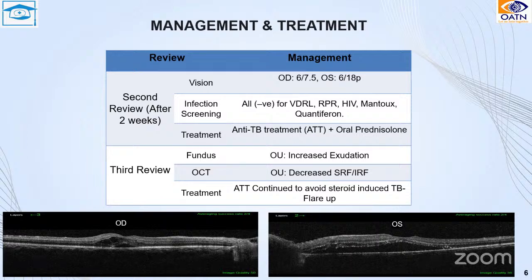The patient was asked to start anti-tuberculosis treatment along with oral prednisolone. On the third review, we can see increased exudation in both eyes and decreased subretinal fluid and intraretinal fluid on OCT in both eyes. The patient was asked to continue anti-tuberculosis treatment to avoid steroid-induced tuberculosis flare-up.